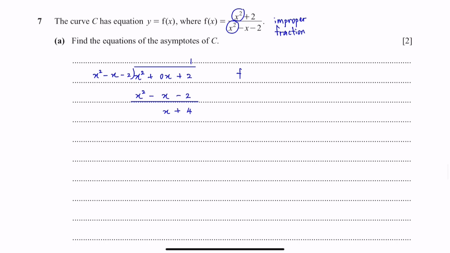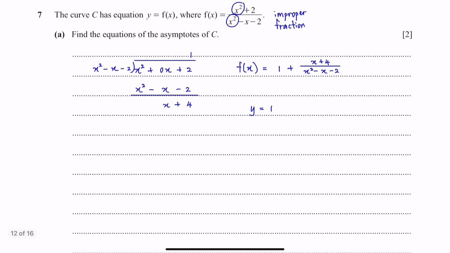So f(x) can be written as 1 plus (x plus 4) over (x squared minus x minus 2). And we can see that there's a 1 here, so whatever we get here would be one of the asymptotes. So y equals 1 is a horizontal asymptote.